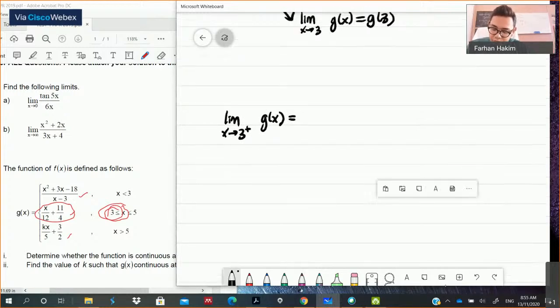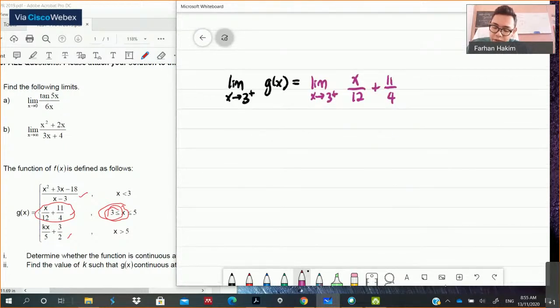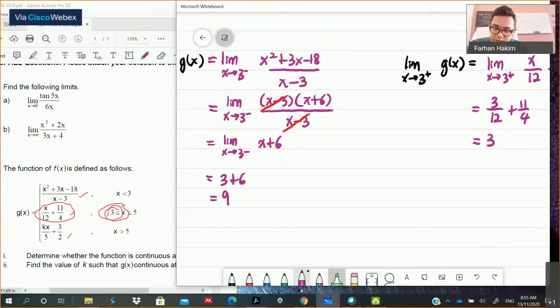So we find the limit as x approaches 3 from the right of x over 12 plus 11 over 4. We substitute the value of x with 3: 3 over 12 plus 11 over 4, and we actually get 3.